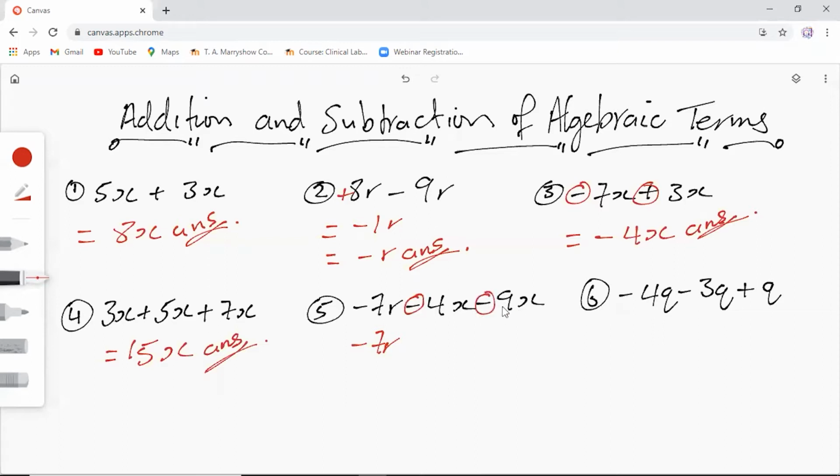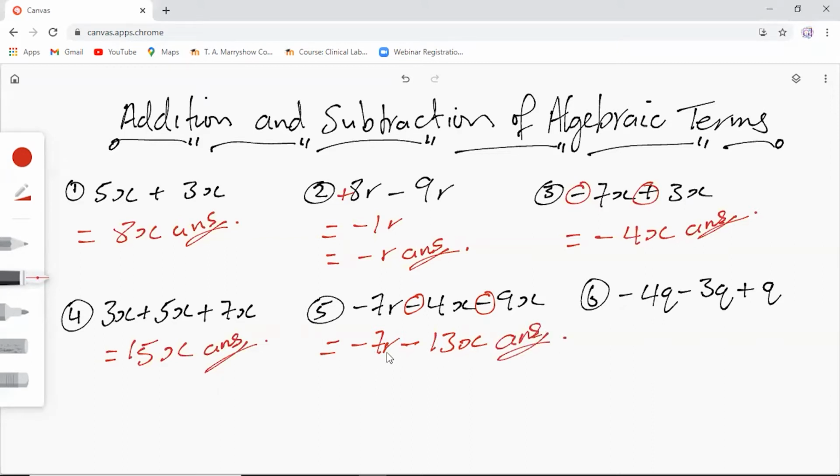The sign in front of the 9x is a negative sign. So the signs are the same. And whenever the signs are the same, we add and we keep that sign. So 9 plus 4 is 13, and we keep the negative sign. So that's minus 13. We bring down the x. We cannot simplify that any further, so we leave that as our final answer.